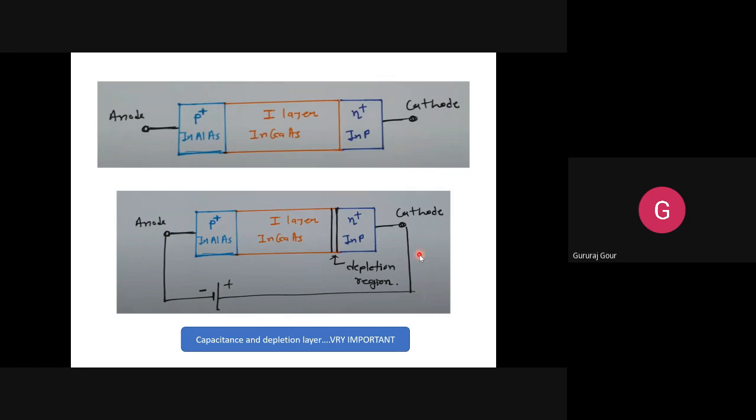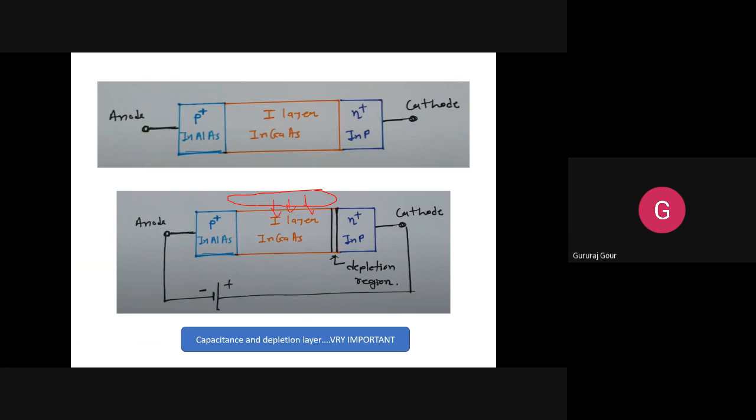This means the majority of the current you are getting is not because of the photons. Suppose now I make the lens here, just draw the lens. So the lens is something like this. The lens mouth will be kept here and your photons are falling here.